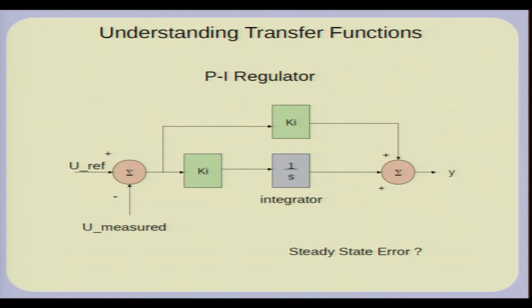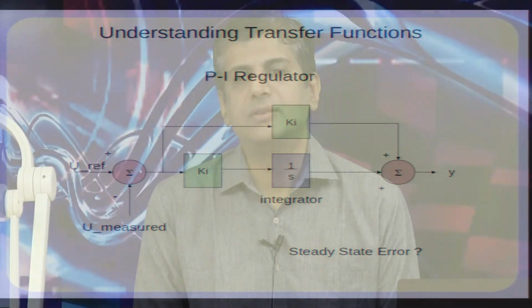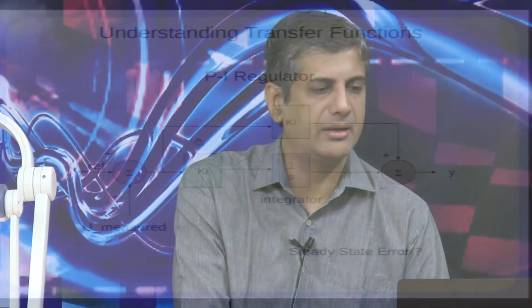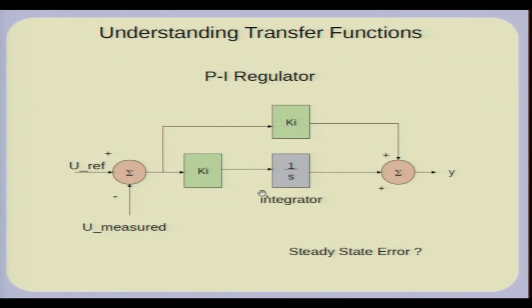Now, typically if a control system engineer wants to achieve some kind of voltage regulation, he will use a proportional or proportional integral controller. This may not be the only thing existing in his control system; this may be a component. For example, what you are seeing on your screen here is a PI regulator.